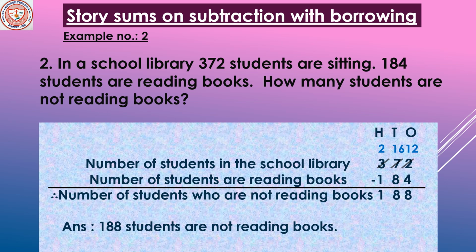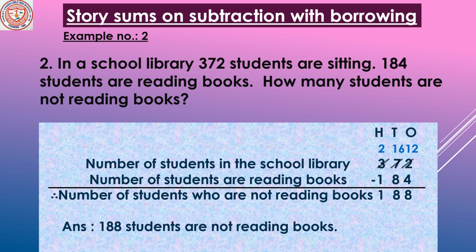Step number 1. Subtract the ones. Here in the ones column there are 2 ones and 4 ones. And we cannot subtract 4 ones from 2 ones. So we have to borrow 1 ten from the tens column.